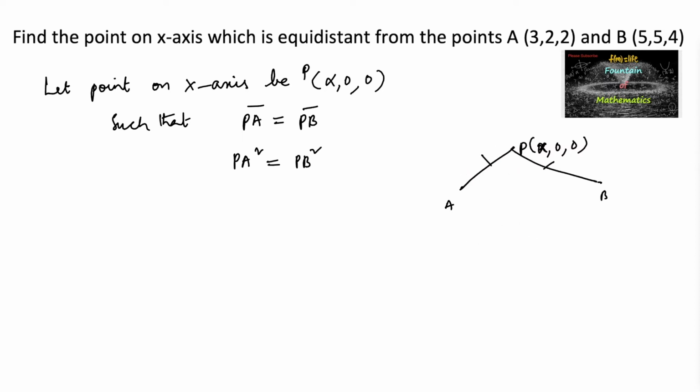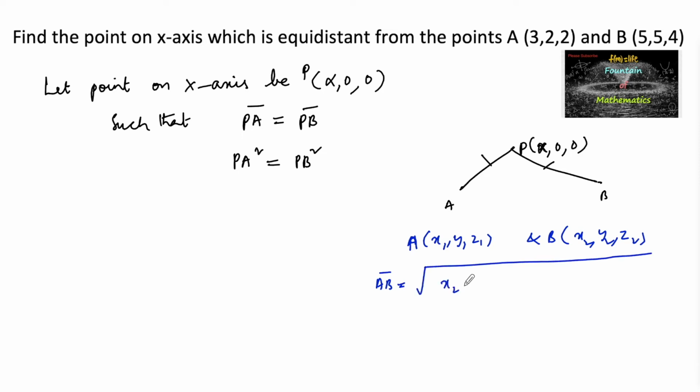So by using the distance formula, if 2 points A(x1, y1, z1) and B(x2, y2, z2) are given, then AB is equal to the square root of (x2 minus x1) whole square plus (y2 minus y1) whole square plus (z2 minus z1) whole square.